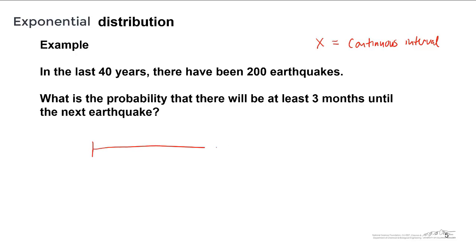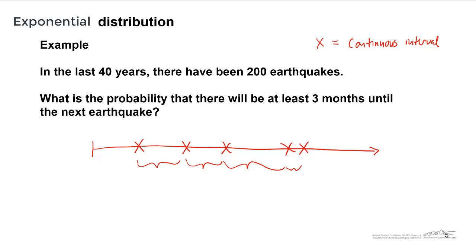In other words, if we were to look at earthquakes, the exponential distribution tells us probabilities related to the lengths in time between events. And importantly, it's always the interval between subsequent events.